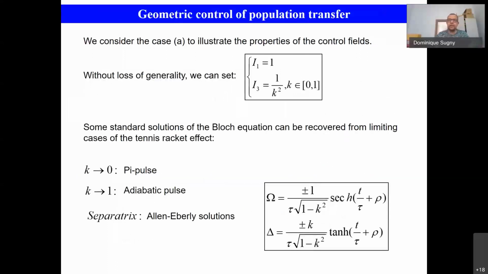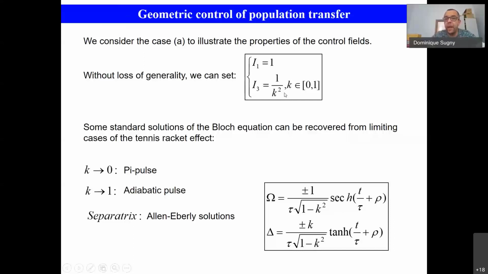Okay, and now I can describe in detail the different control strategies. For instance, in the case A, without loss of generality, since the moments of inertia are free parameters, I can set I1 equal to 1 and I3 equal to 1 over k square.